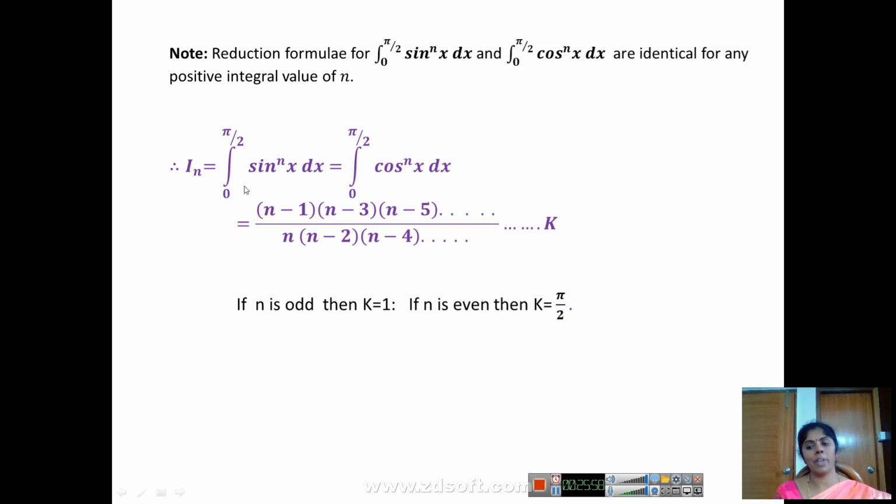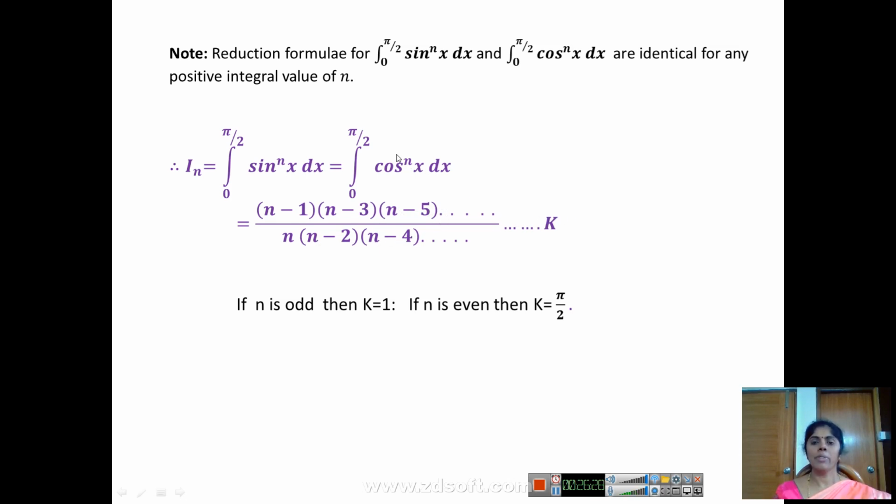Once again, the reduction formula for the integral from 0 to pi by 2 of sine to the power n of x dx, which is equal to the integral from 0 to pi by 2 of cos to the power n of x dx, we can also rewrite in this format: (n minus 1) by n into (n minus 3) by (n minus 2) into (n minus 5) by (n minus 4) up to the term k.